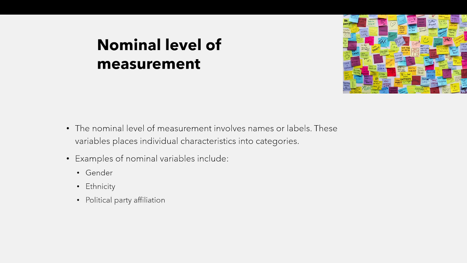Political party affiliation, occupation title, relationship status. Each of these refer to categories. And these are distinct categories. These categories are not intended to overlap. And so when we are developing our questions, we have to keep these kinds of considerations in mind.